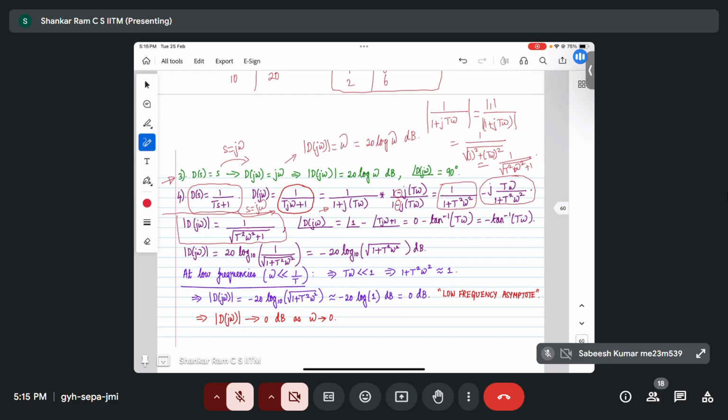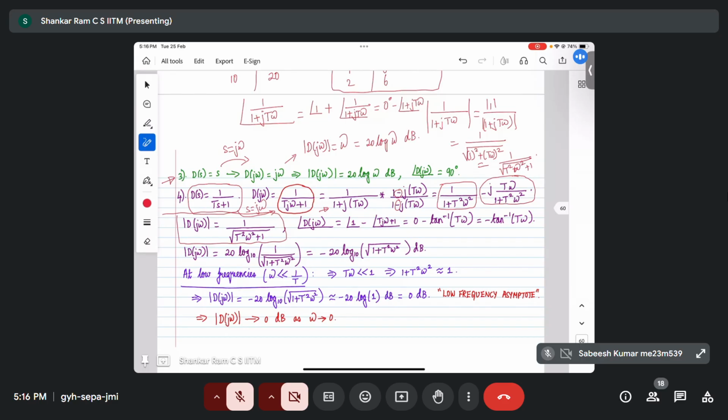Similarly, how do we evaluate the phase of 1 divided by 1 plus j t omega? It is going to be the phase of 1 minus the phase of 1 plus j t omega. The phase of 1 is 0 degrees. The phase of the reciprocal of a number is the negative of the phase of the original factor.